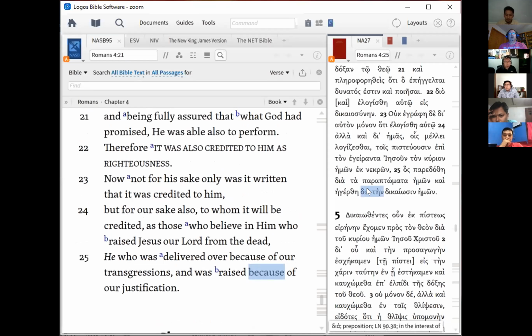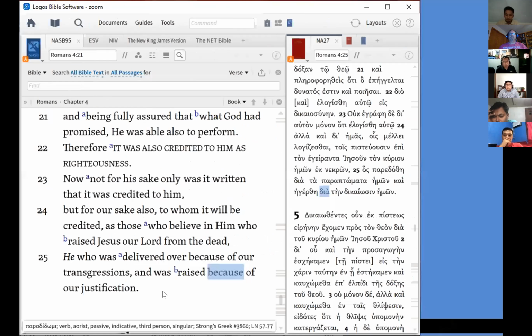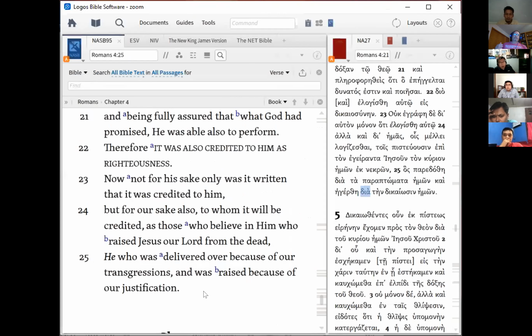Now, we can have prepositions that function like the word "because." There are prepositions that can mean the same thing conjunctions can mean. It's just that prepositions introduce nouns. Conjunctions introduce clauses. That's the general distinction between them.